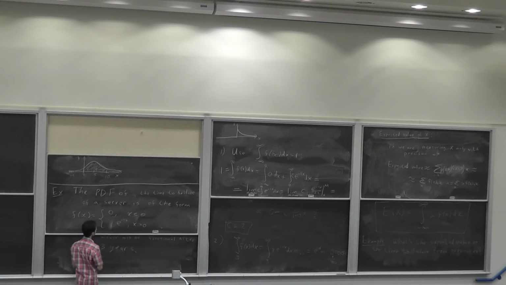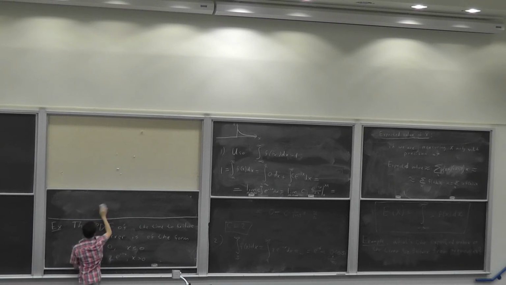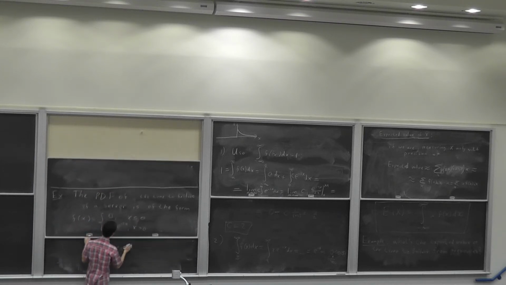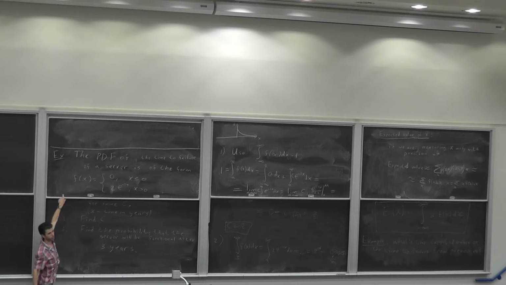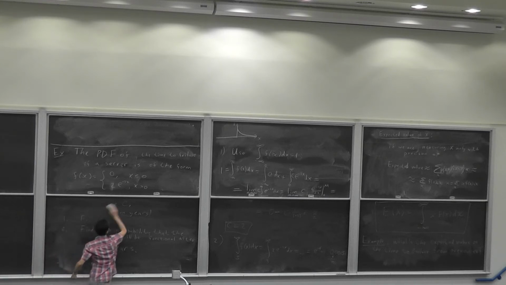Now I do know that this number is 2. So I'm talking once again about this example, but now my question is, what is the expected value of my variable?